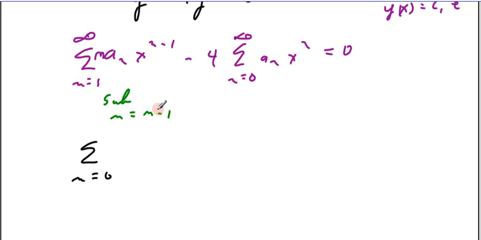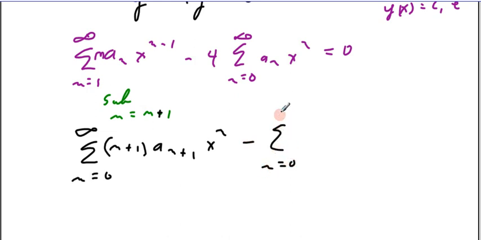No, I want n plus 1. Yeah, that's better, n plus 1. I put n plus 1 here. The 1 goes over there, makes it a 0. Infinity. N plus 1, a n plus 1 x to the n, minus summation n equal to 0 to infinity 4 a n x to the n is equal to 0.